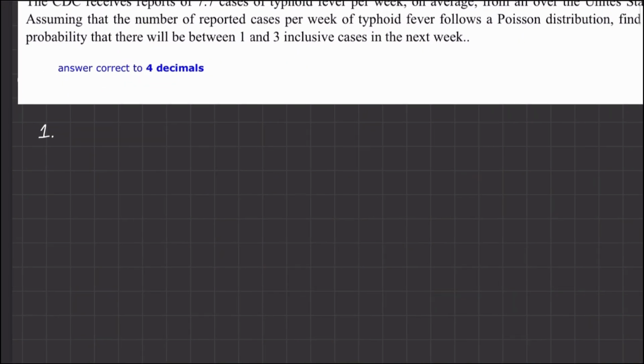So, since this case follows a Poisson distribution, we do have a formula we can use for it. The formula is as follows.